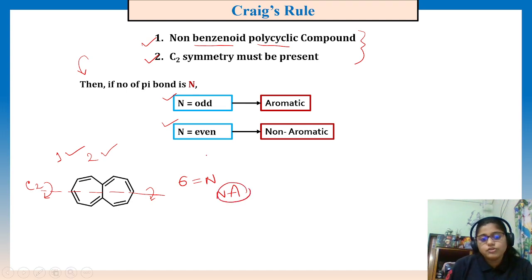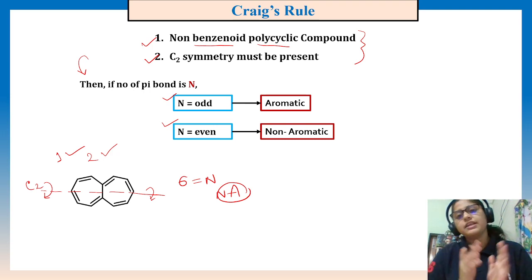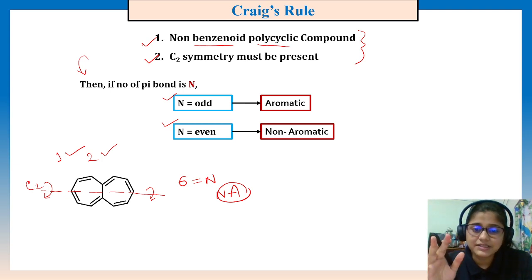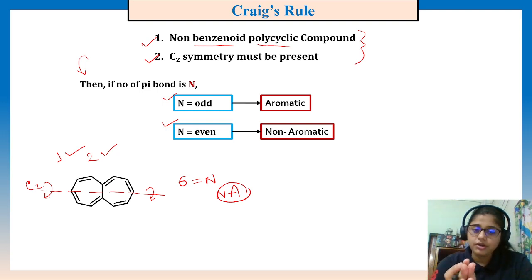Simple. So here it is different from Huckel's rule because this is for non-benzenoid polycyclic compounds. So far we have not talked about this, but in the questions, when various structures are given to you and the question is asked which are aromatic, non-aromatic, you have to keep in your mind that if you see a non-benzenoid polycyclic compound, Huckel's rule will not be considered there.